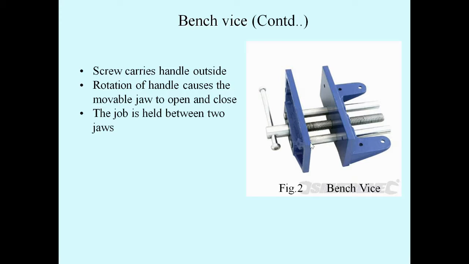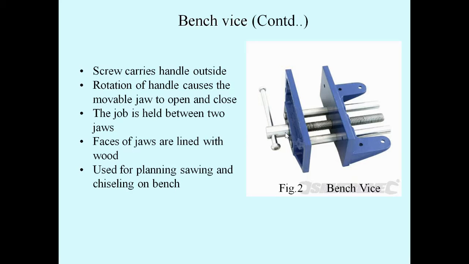The job is held between these two jaws, that is, between the fixed jaw and the movable jaw. The faces of the jaws are aligned with wood, and it is used for planing, sawing, and chiseling on the bench.